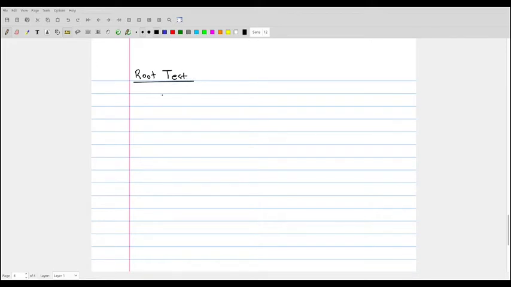And the idea is, again, to consider the geometric series, for which we know that, if you look at the kth term and consider the kth root of the absolute value of the kth term, to be precise, because r could be positive or negative.